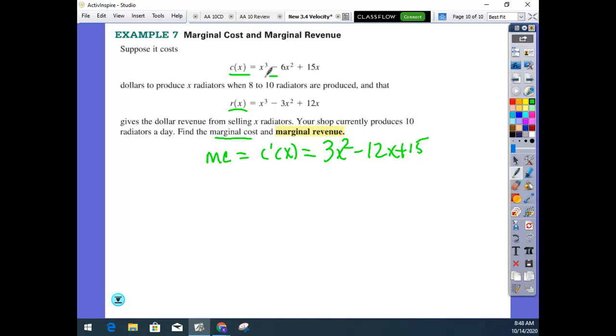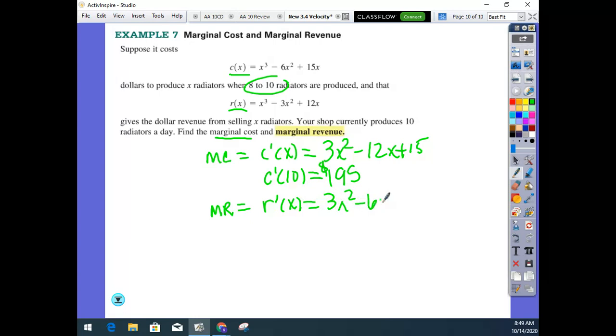When we're selling, we're just going to calculate it for 10. So C prime of 10, we just plug in 10 and we get $195. Marginal revenue is the derivative of revenue. And then we're just going to plug in 10 and we get $252. So the big thing when you see the word marginal, just take the derivative and plug in the value.